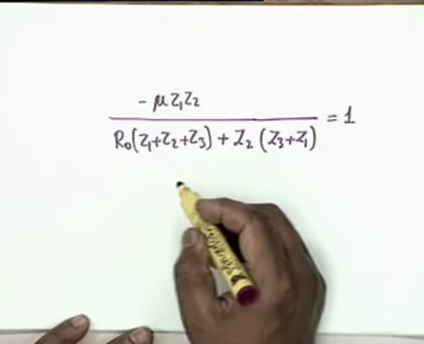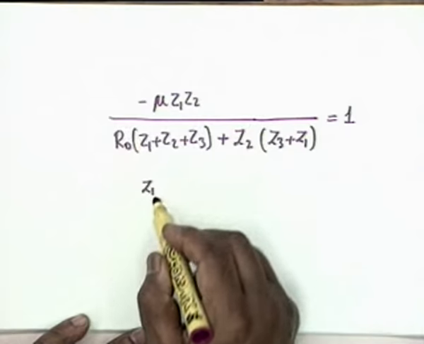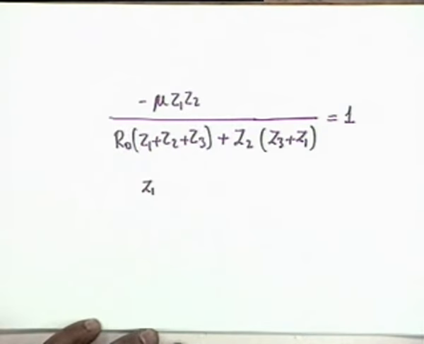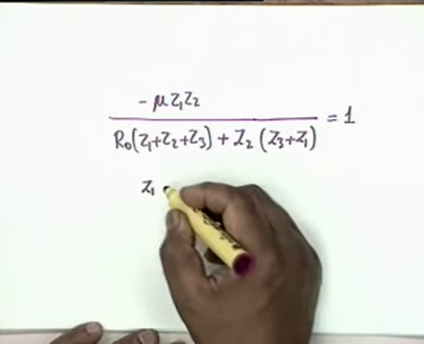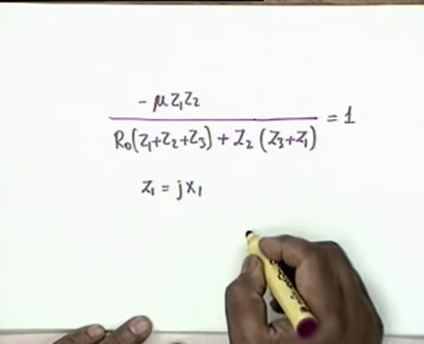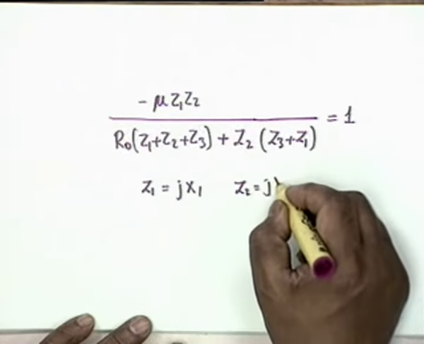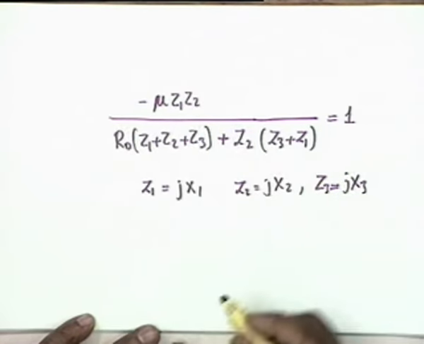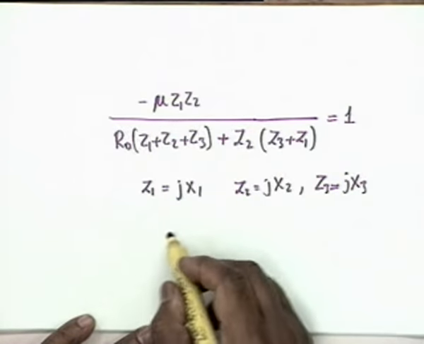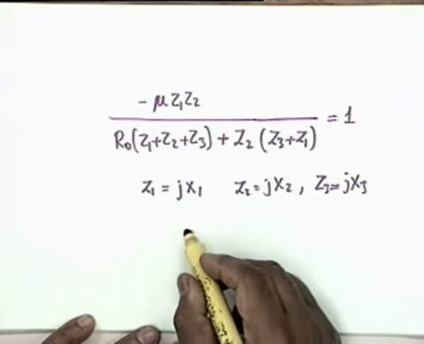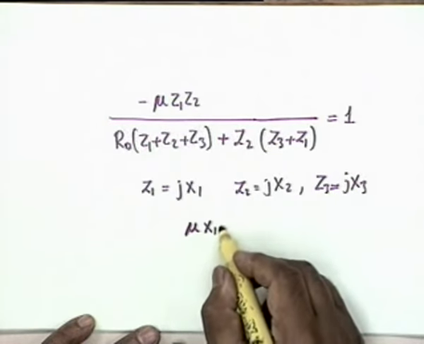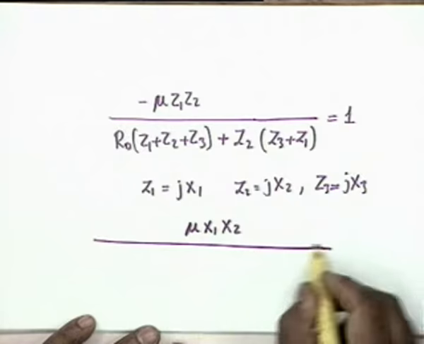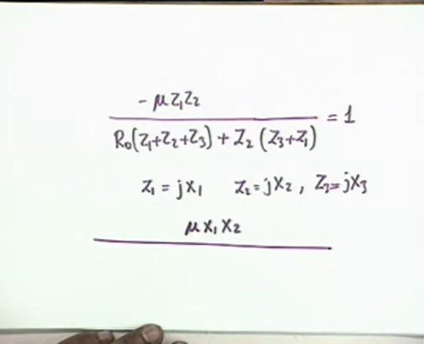Now we substitute the condition that all these elements Z1, Z2 and Z3 are reactive. So Z1 is jx1, Z2 is jx2 and Z3 is equal to jx3. If I substitute this, then I get in the numerator mu x1 x2. Is that clear why the negative sign disappears?